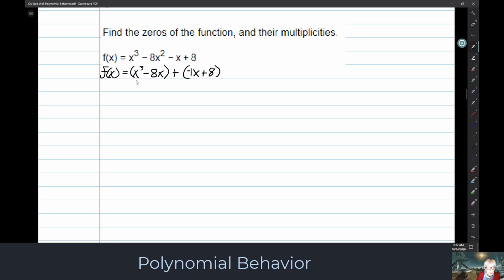Okay, now, that's a square. Okay, now, f of x, find the zeros. No, watch what I do.